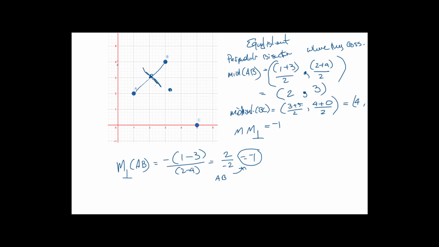The other one, so we want to find the perpendicular to this one, so m of that is going to be negative because it has to be negative. Now it's a change in x, so it's going to be negative 3 minus 5 over the y, which is 4 minus 0.